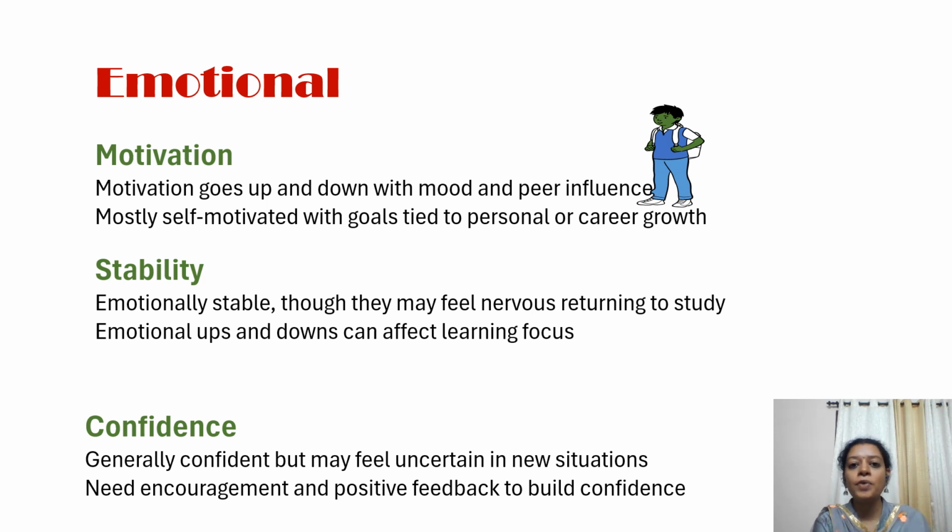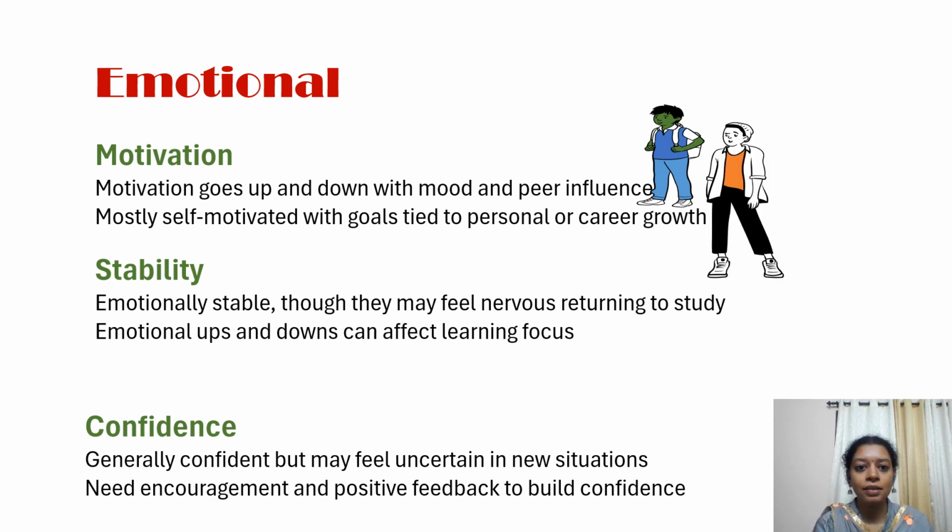So adolescents often have motivation that changes with their moods or the influence of friends. Their motivation can go up and down depending on how they are feeling or what their peers are doing. But what happens in the case of adult? They are usually self-motivated, with goals connected to personal or career growth, right? So they are driven by clear goals they want to achieve. Okay, that's important in the case of adult learner.